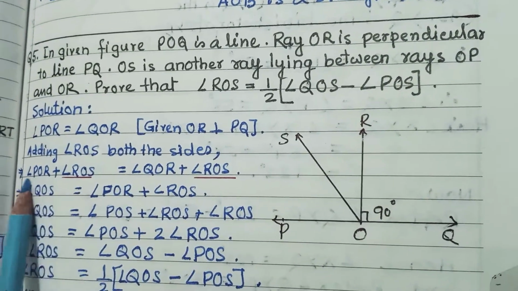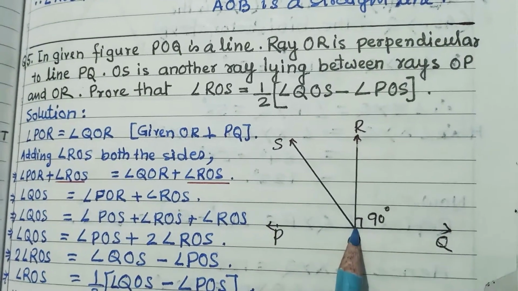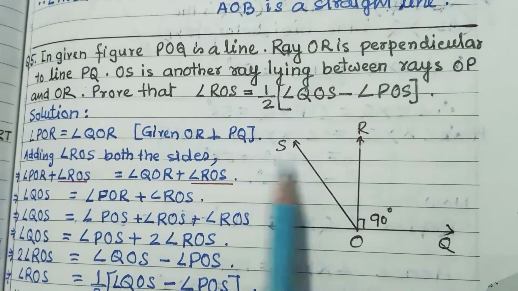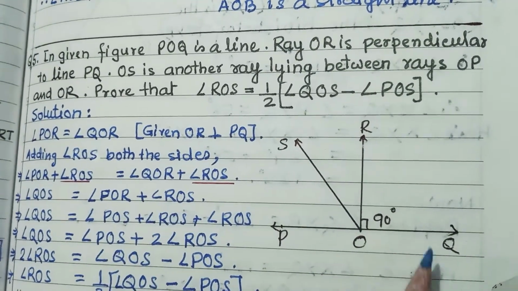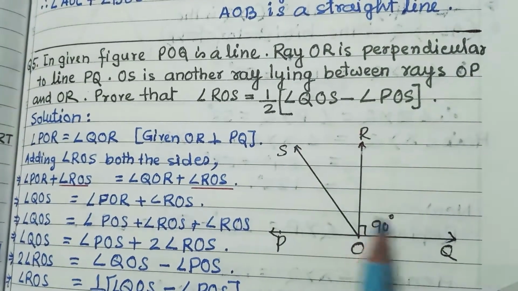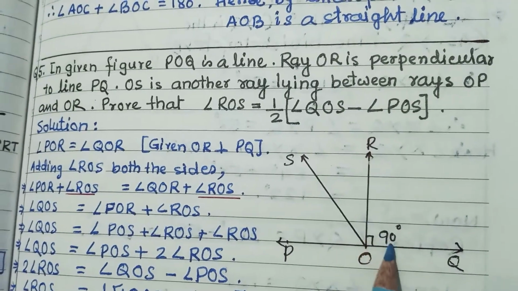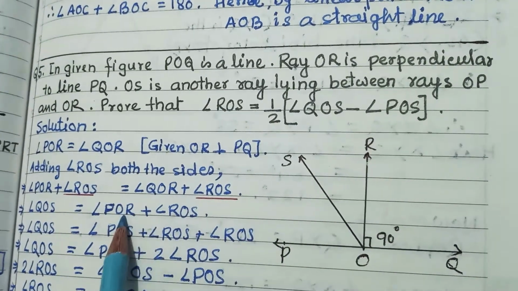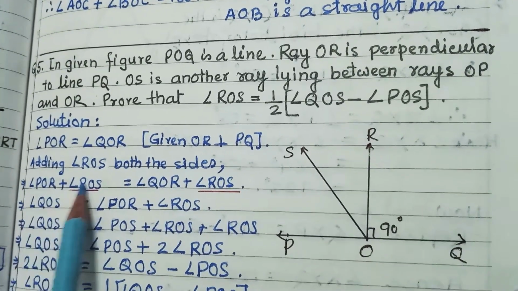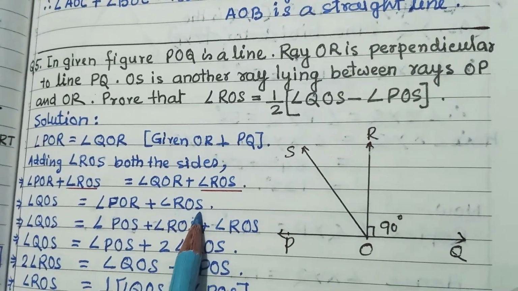So POR plus ROS is equal to QOR plus ROS. Now these two, QOR plus ROS together, are QOS. Instead of this we can write QOS. I have written this on this side, and these two I shifted to the right-hand side.